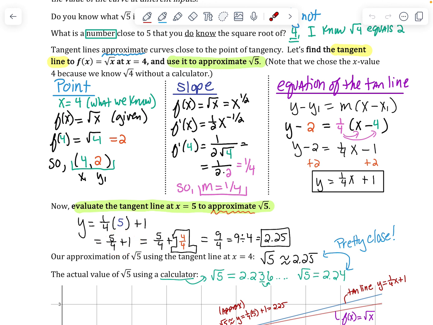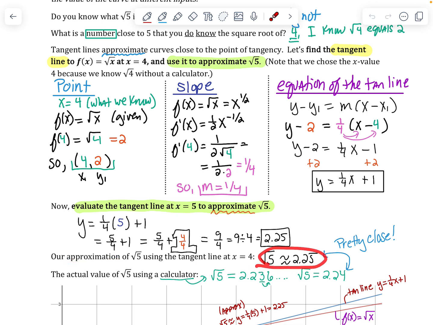I can take 5/4 plus 1 and rewrite 1 as denominator over denominator to keep its value of 1 so that I can add the numerators of matching denominator fractions. And 9/4 is a vague number. It's an actual number, but it doesn't necessarily mean a lot. So by dividing the numerator by the denominator, we find out that 9/4 is exactly 2.25.